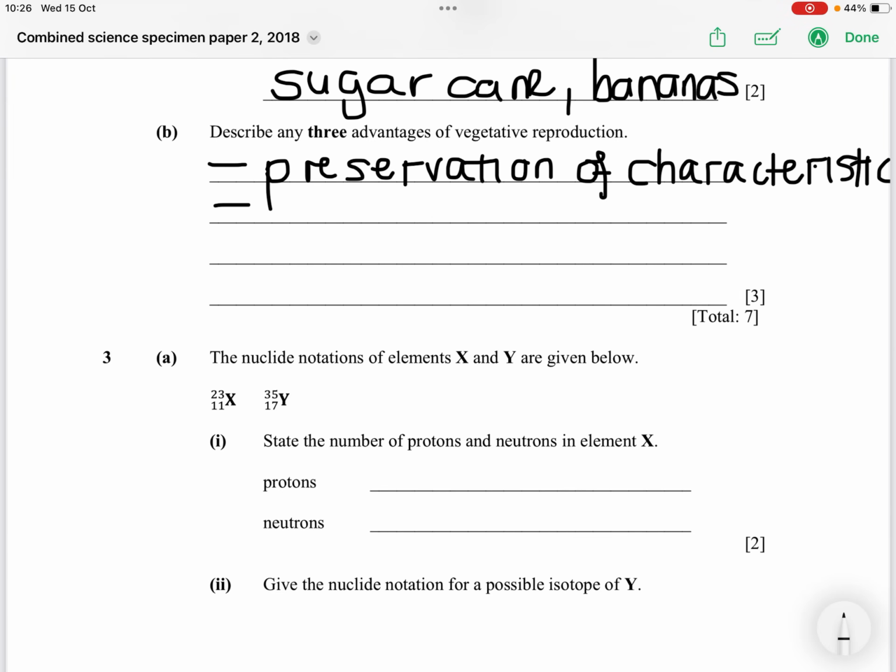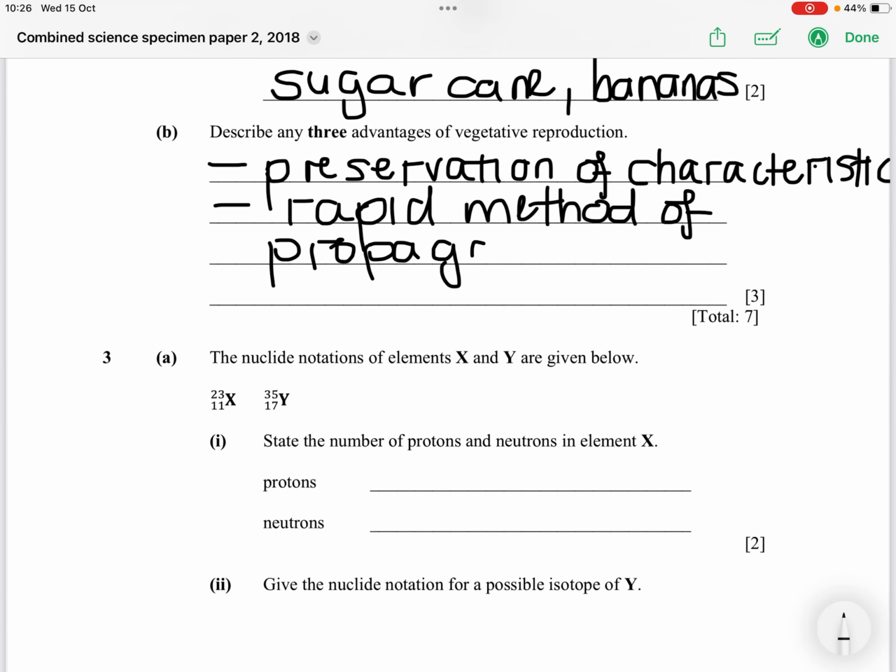It produces results within a short period of time. So that is what we need to explain when we talk about a rapid method of propagation.